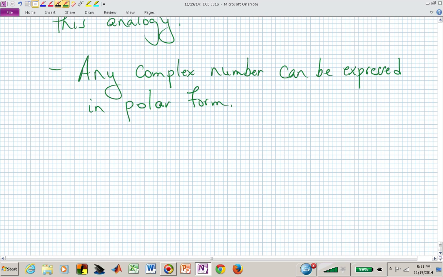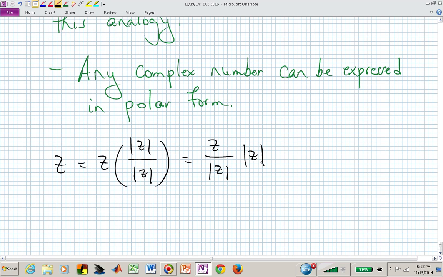We can write a number z as z times 1, where my 1 is the absolute value of that complex number divided by the absolute value. Let me rearrange those expressions so that I now have z divided by its absolute value times the absolute value of z.